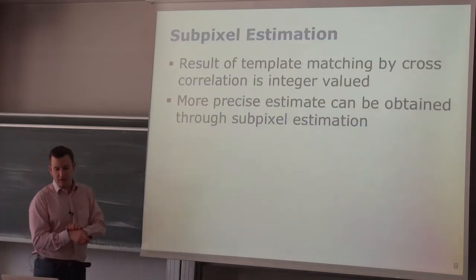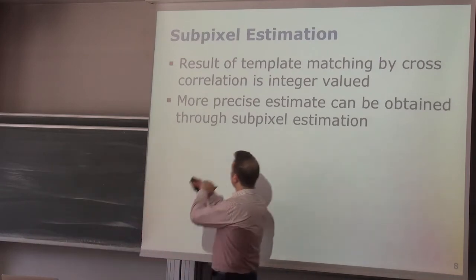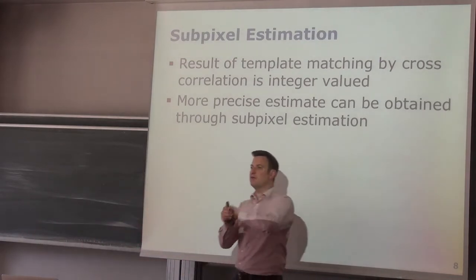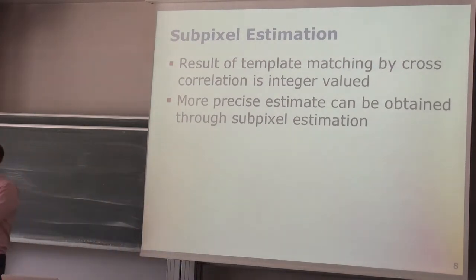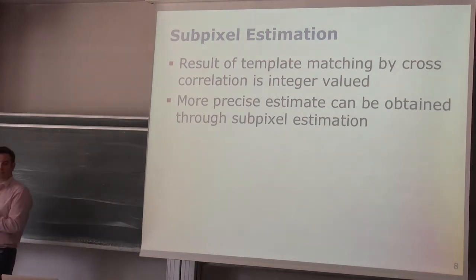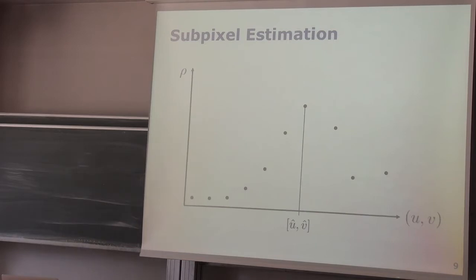And this is the key goal. So after the cross-correlation has converged and reported its maximum, we refine our solution so that we get a sub-pixel precision. So the first question is, how could that work? We just have pixels. How can we get a precision which is below 1 pixel?